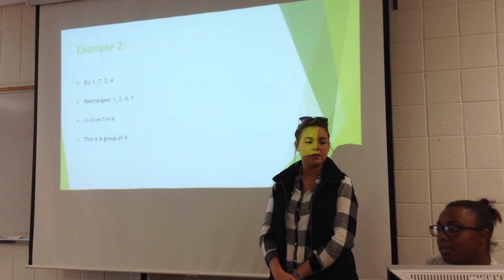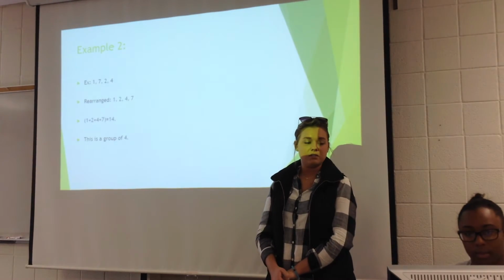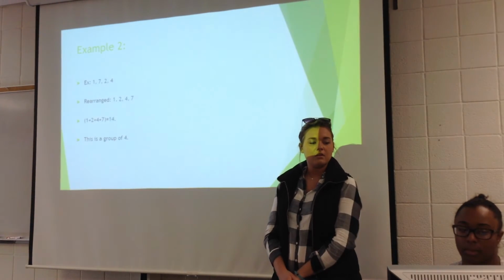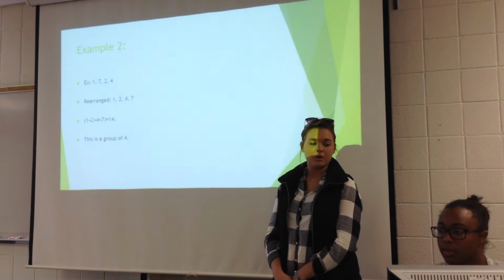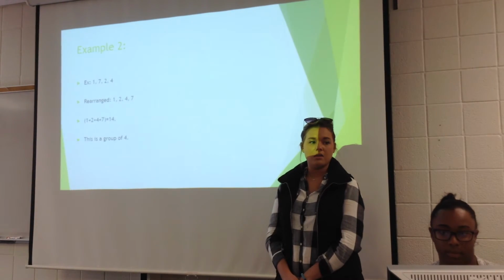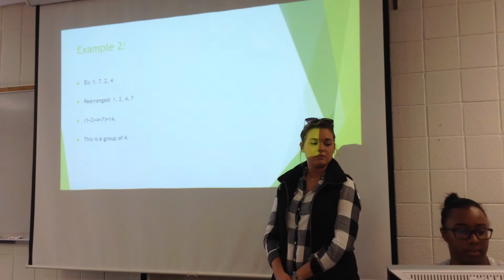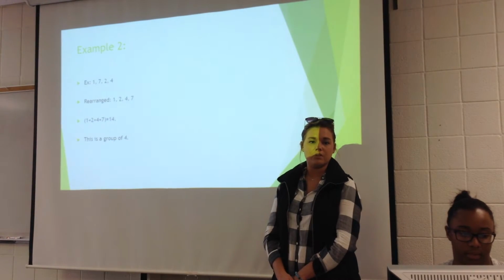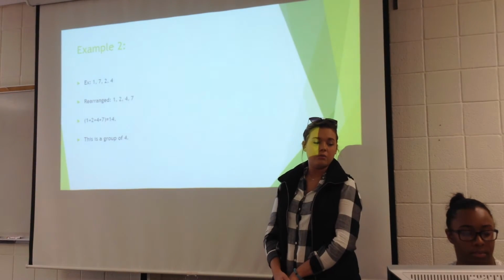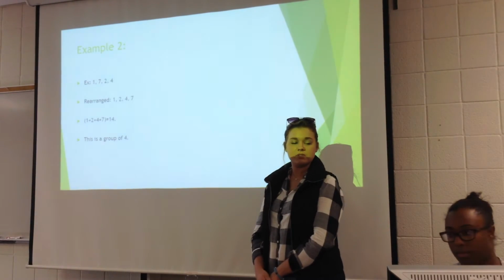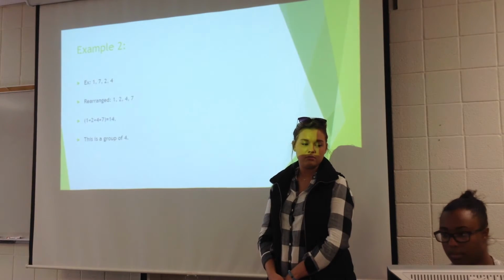Okay, our next example is an easier set of numbers: 1, 7, 2, and 4. Rearrange those least to greatest: 1, 2, 4, and 7. Then you add 1 plus 2 plus 4 plus 7. You should get 14.